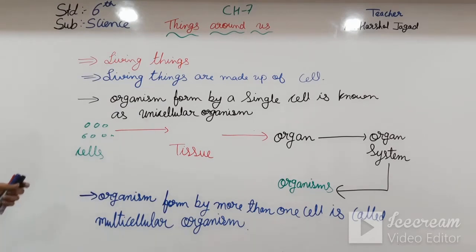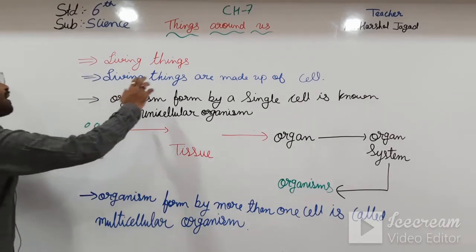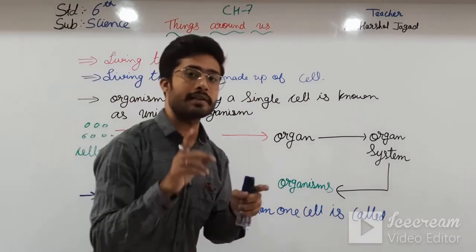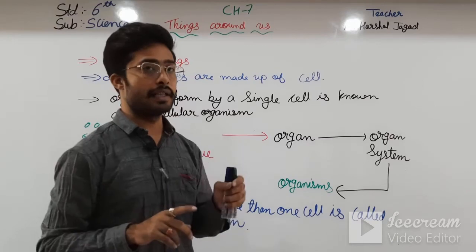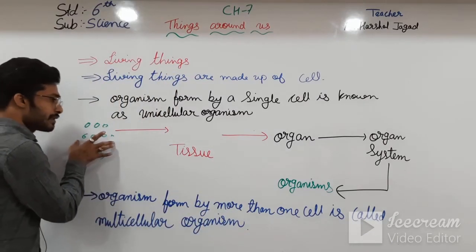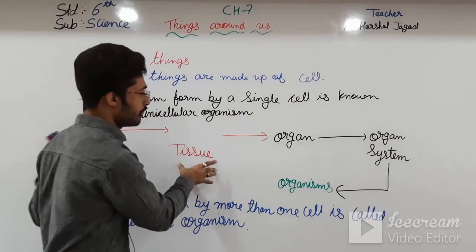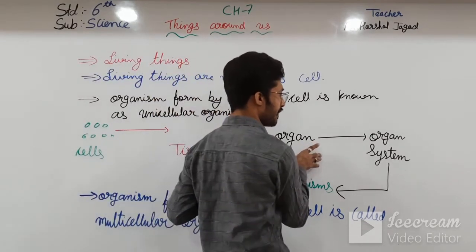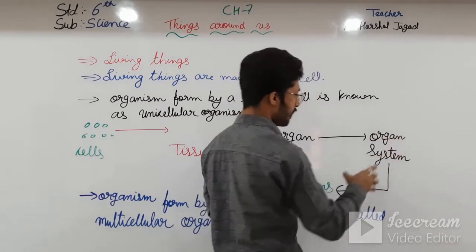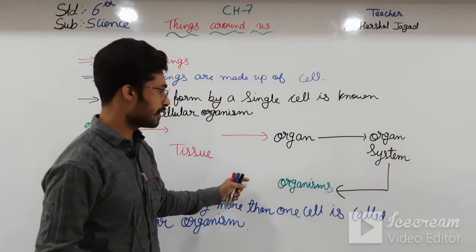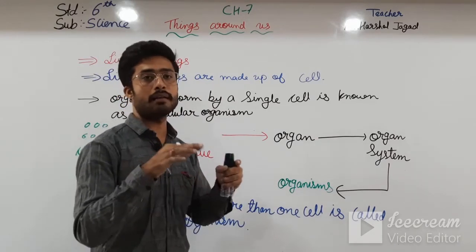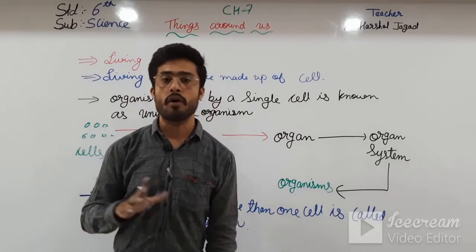Again repeating, living things are made up of cells. Cell is the smallest structural and functional unit in our organism. Many cells combine together and form a tissue, many tissues combine together and form an organ, and organs form together the organ system, and these organ systems, with the different organs doing their work, like breathing or anything else, form an organism.